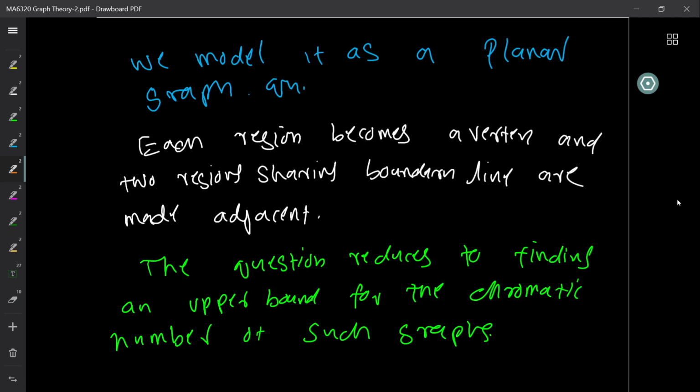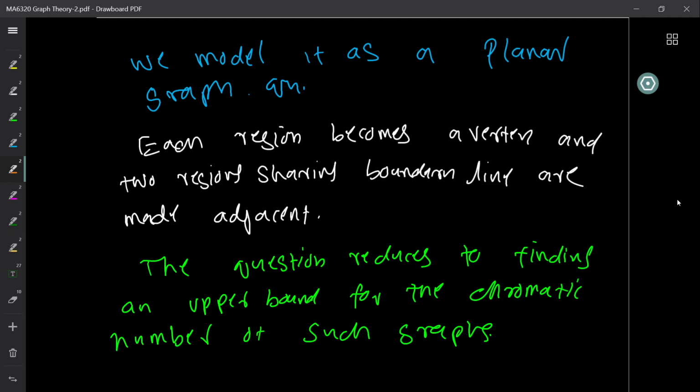Now, how to model this question is again to map it to a question on what are called planar graphs. So how do you model this? Every region of the map becomes a vertex, and two regions which share a boundary line, we make adjacent. And now the question reduces to finding an upper bound for the chromatic number of such graphs.